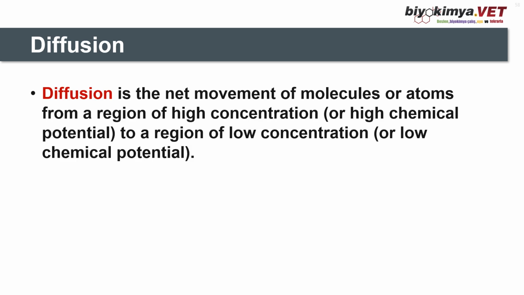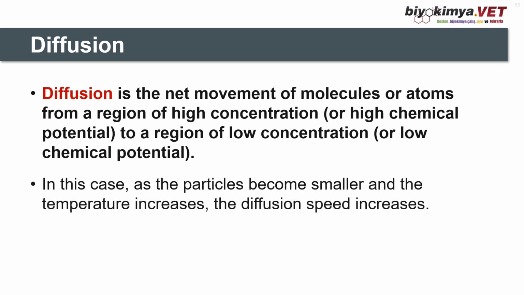Diffusion. Diffusion is the net movement of molecules or atoms from a region of high concentration or high chemical potential to a region of low concentration or low chemical potential. This is also referred to as the movement of a substance down a concentration gradient. In this case, as the particles become smaller and the temperature increases, the diffusion speed increases.